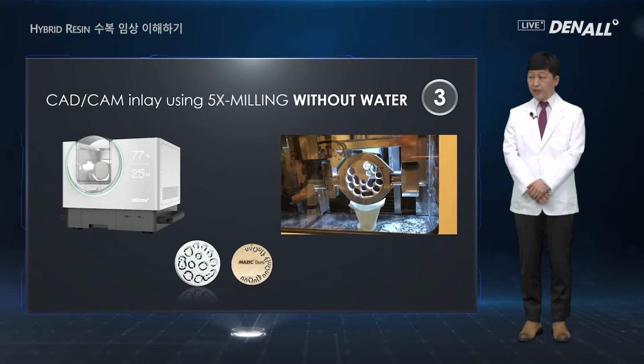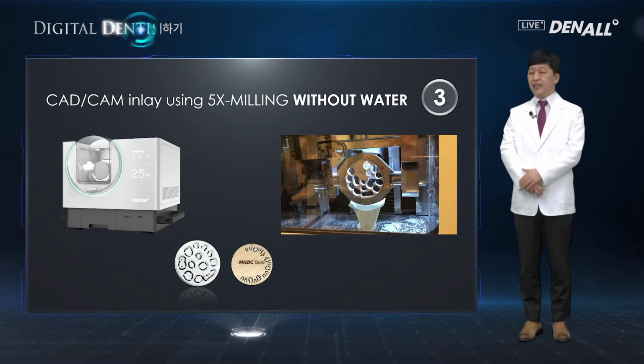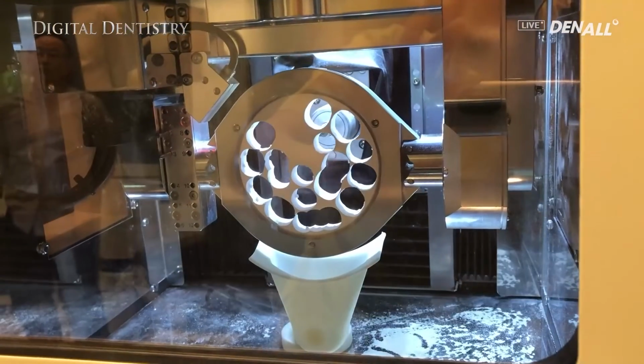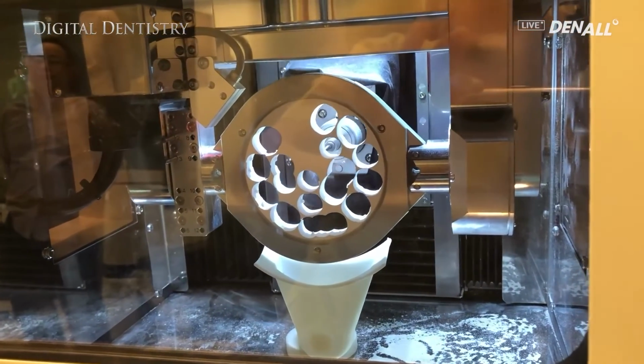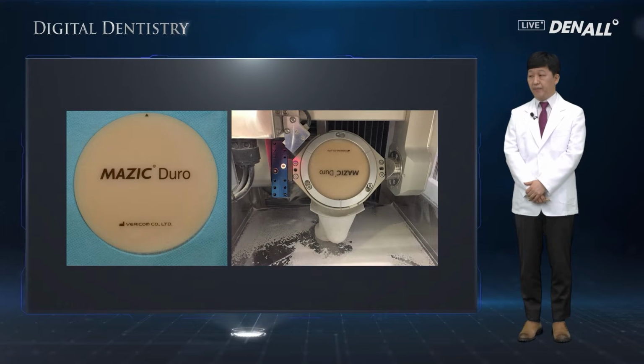Third is a machine which does not use water, and a circular disc is used to make the inlay. This is a 5-axis machine. As shown, the disc is placed and it is cut. A circular disc is used for milling.